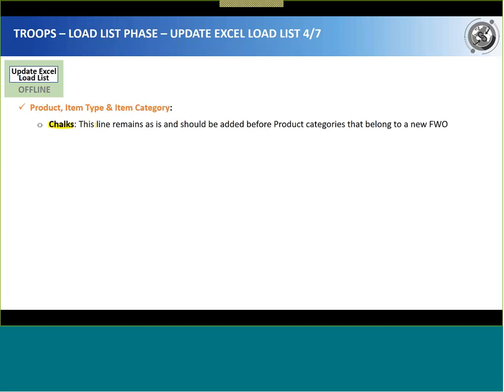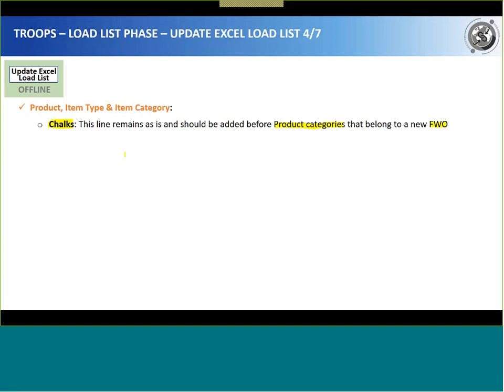When we talk about troops, the summary product is called chocks. It should be added before any other product category, and it identifies all the different items that belong to the same forwarding order.